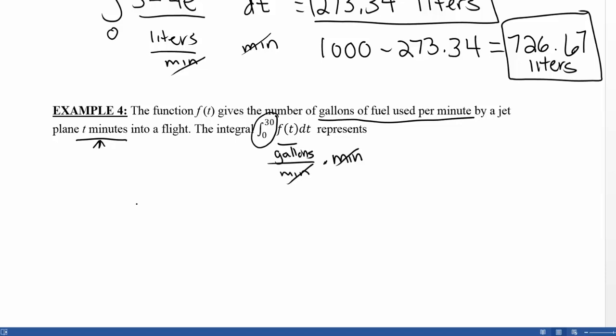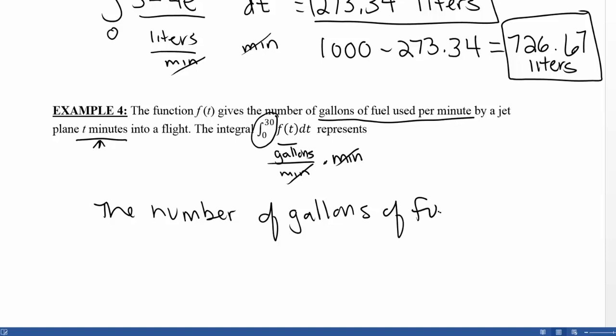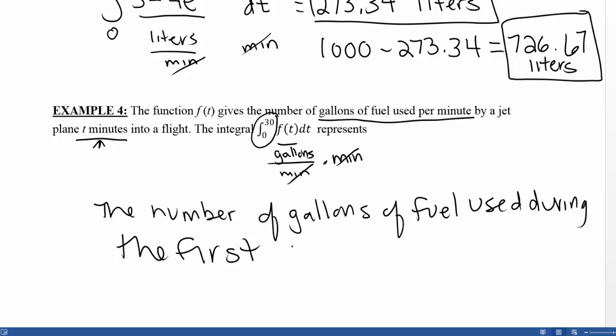So if I was going to put together a sentence to talk about what this definite integral means, I would say something like the number of gallons of fuel used during the first 30 minutes, so that was our independent numbers over here, of a flight.